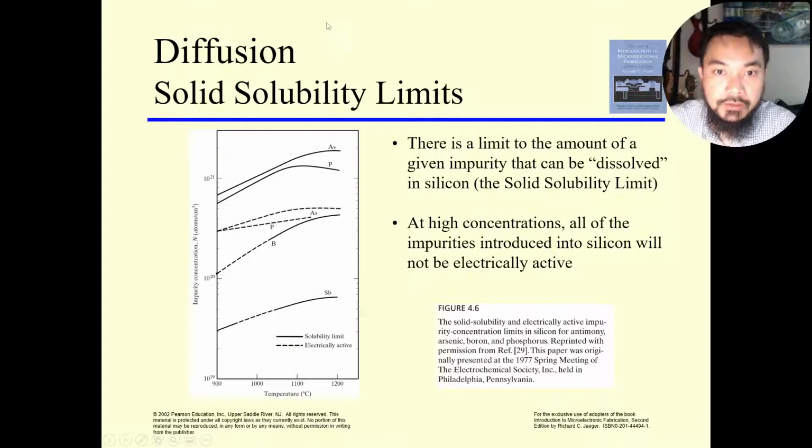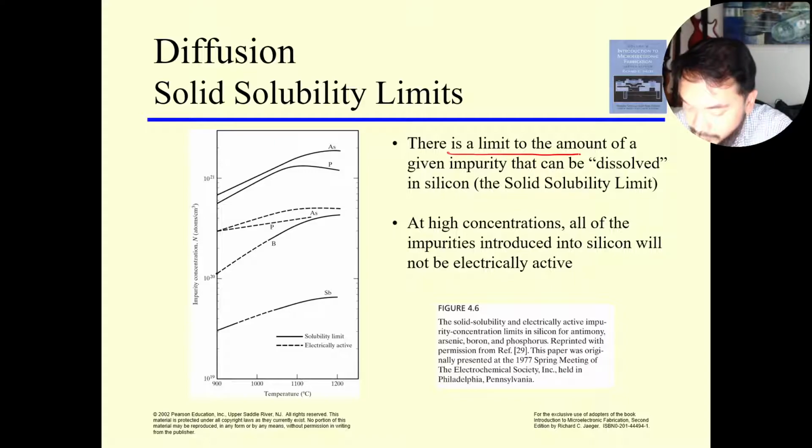Okay, now the next concept that you need to understand is the diffusion solid solubility limit. Solid solubility limit is basically the limit to which silicon can absorb impurity atoms. There is a limit to the amount of a given impurity that can be dissolved or absorbed by silicon, and we call this the solid solubility limit.